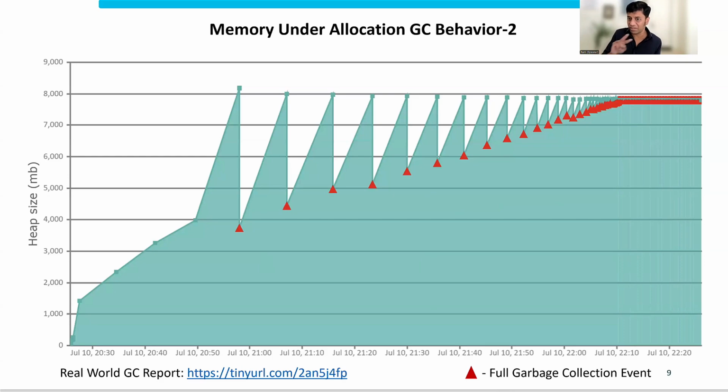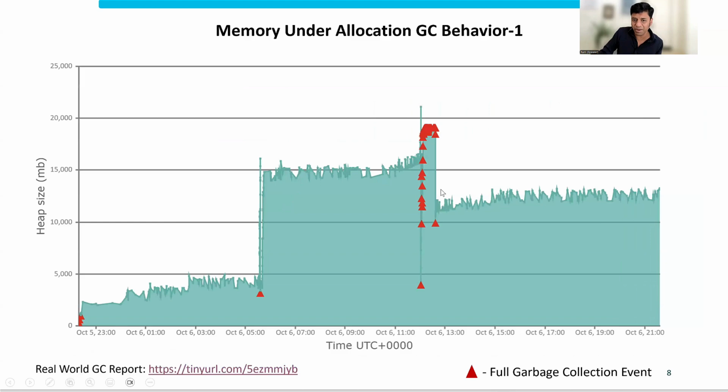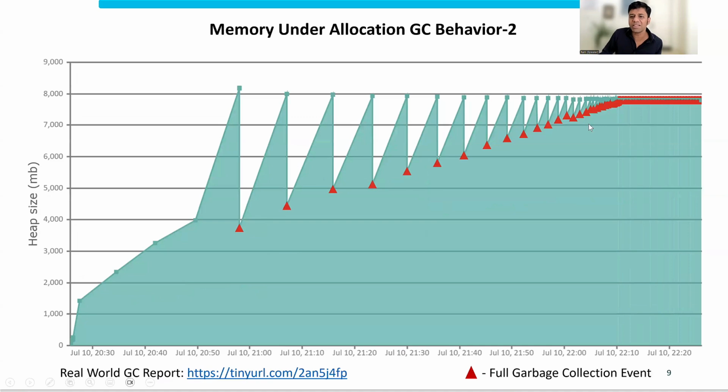This is slightly different from the previous pattern. In the previous pattern, you can see it keeps on running, but after a point, it's able to recover. Once the traffic dies down, it's able to drop. Whereas in this case, you can see it keeps on running, but the memory is not dropping at all.